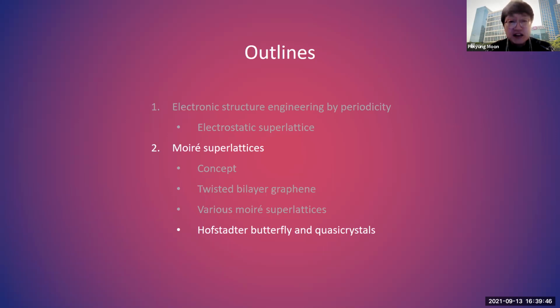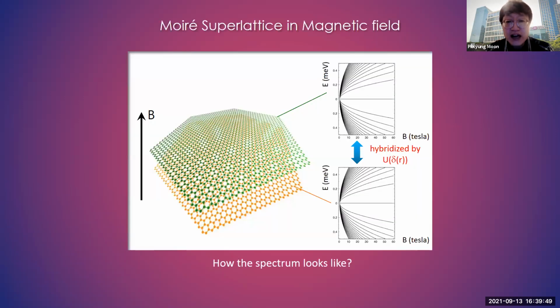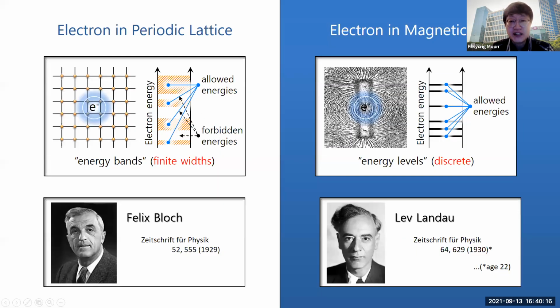I was very interested in what happens if we apply a magnetic field to such an exceptionally large unit cell. We know that the energy spectrum of each graphene layer evolves into Landau levels in a magnetic field, but there's been no idea how the energy spectrum of Moiré Superlattices looks. This problem is interesting because it is at the cross between two very simple physical situations: an electron in a periodic lattice and an electron in a uniform magnetic field.